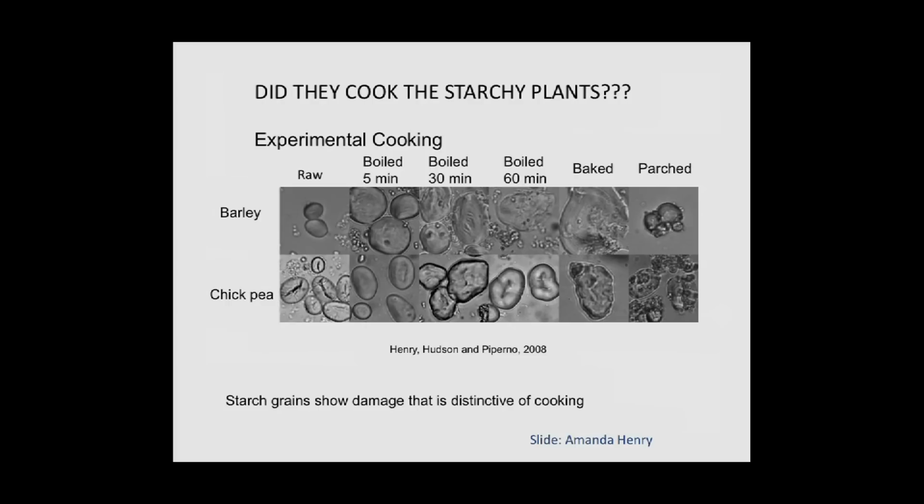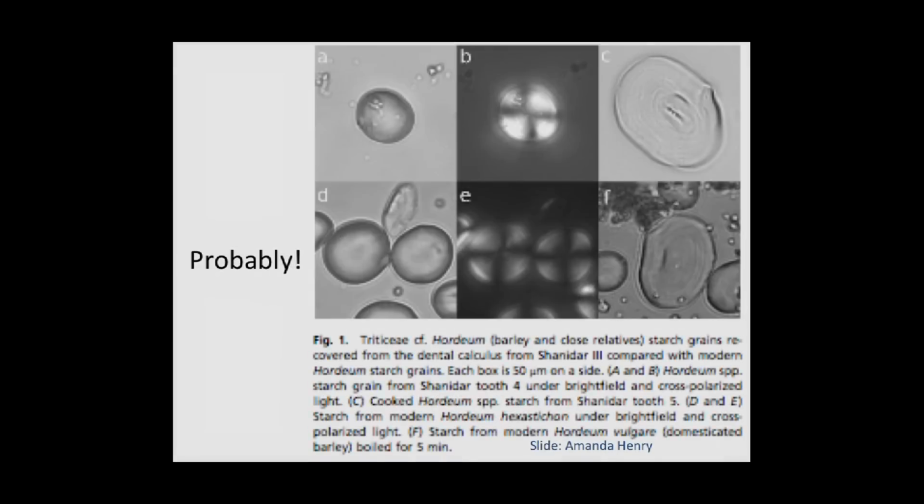And if you look at the boiled 5 minutes picture of barley, when we looked at the Shanidar Neanderthal, we found on its teeth, and this is the upper right picture, that it was very, very close to a 5-minute boiling in water picture. We had several grains like this on this tooth, so we've argued that they were eating barley porridge, basically. They were cooking the barley in water.